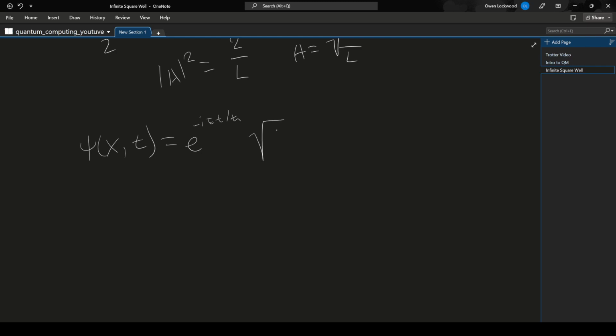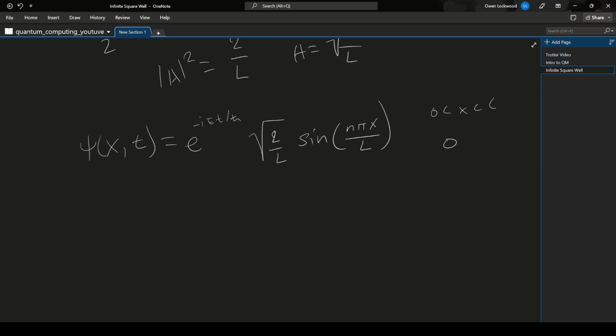Times our normalization constant, square root of 2 over L times sine of n pi x over L. There we go. That is our Schrodinger solution. Of course, this is bounded by 0 less than x less than L. Otherwise, it's 0, right? Outside of that.